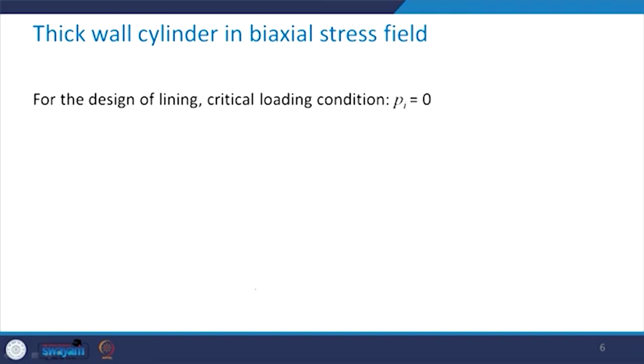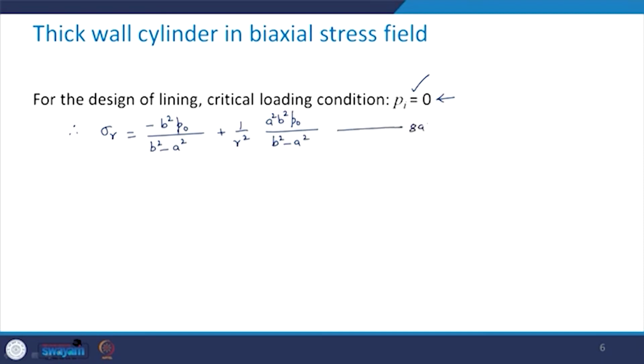Now, for the design of the lining, the critical loading condition will be when your pi, that is the internal pressure, becomes equal to 0. So, when this becomes equal to 0, what will happen to sigma r? That will become minus b square p naught divided by b square minus a square plus 1 upon r square a square b square p naught divided by b square minus a square.